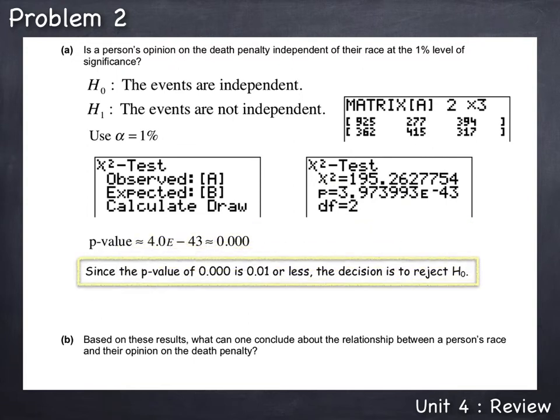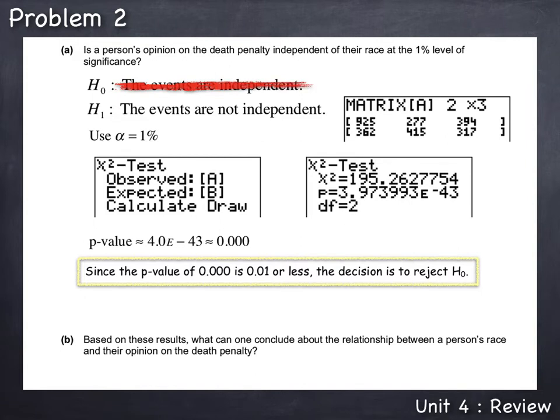Since the p-value of 0.00 is 0.01 or less, the decision is to reject H0. And when we reject H0, the conclusion is the idea expressed in H0 is not valid. In this case, H0 states that the events are independent. And based on our sample evidence, we're saying that this idea that the events are independent is not valid.